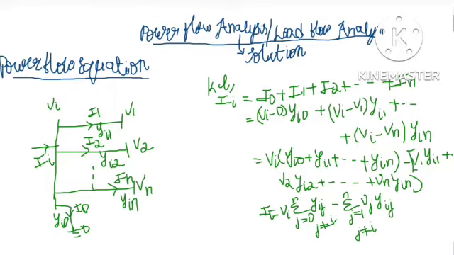Similarly, what is the leftover thing is minus V1 Yi1. I am taking that minus common: V1 Yi1 plus V2 Yi2 and so on, plus Vn Yin.